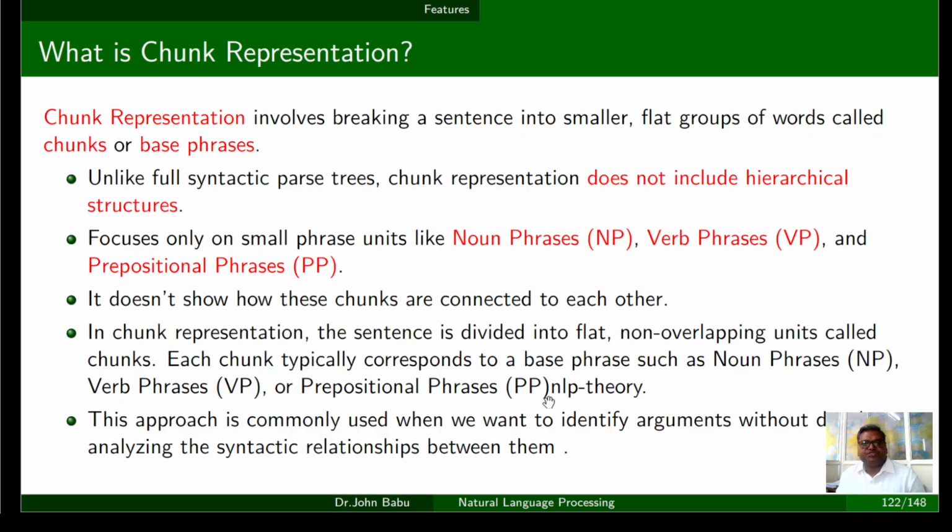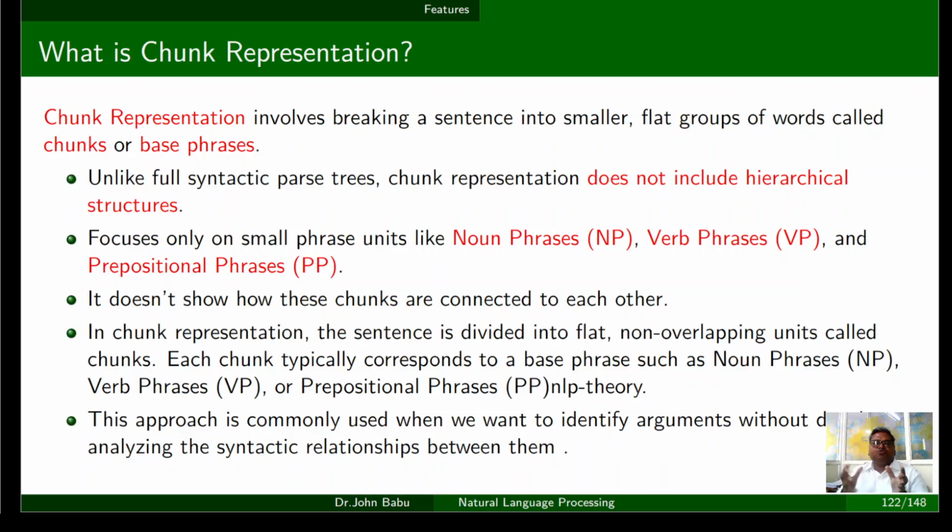Chunk representation involves breaking a sentence into smaller flat groups of words called chunks or base phrases. In a full syntax tree, we will have all the relations, which one is head word, which one is dependent word, all those relations. But chunk representation is not bothered about the relations or structure.